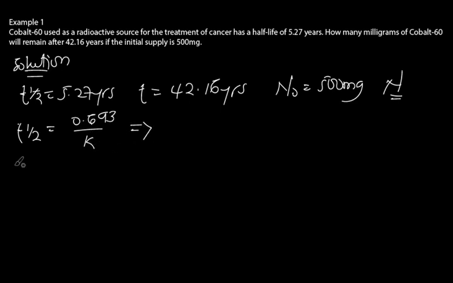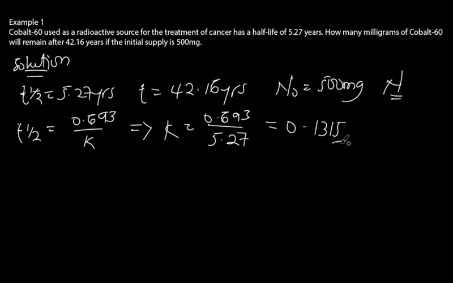So T half is 5.27 years, and if we make K the subject, we get K equals 0.693 divided by 5.27. Putting this into the calculator, the decay constant is 0.1315.